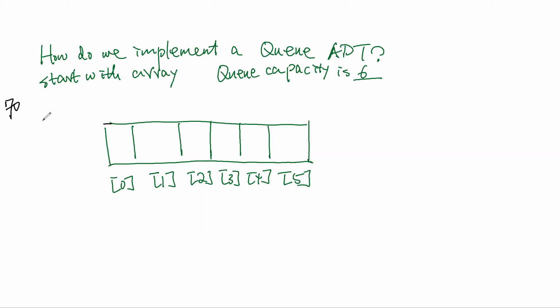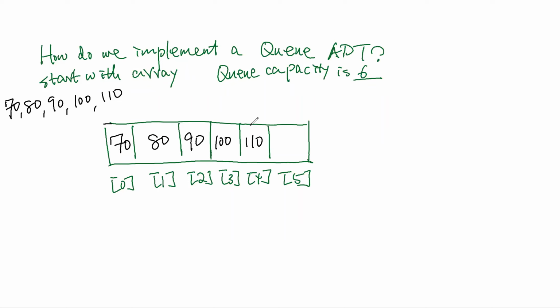So I have 70, and obviously we can put 70 in the first slot. Next I'm going to add 80, so 80 goes to the next slot. Then I add 90, then 100, and then 110.